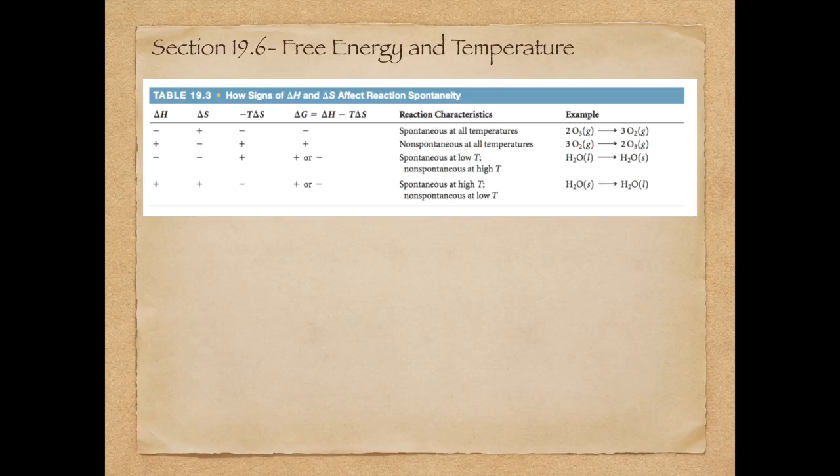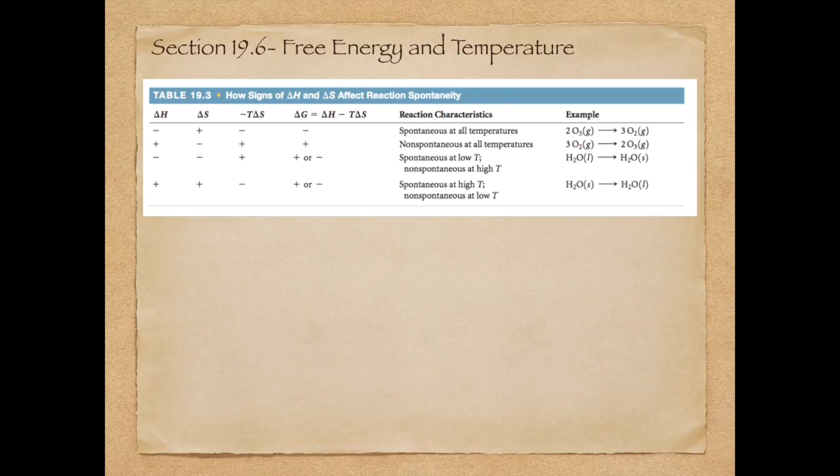Okay, so since delta H is negative and delta S is negative, the lower your temperature, the less of an impact your delta S will have on delta G. So as a result, if you have a low temperature, the negative value for delta H is going to dictate a negative delta G. Now, if your temperature is high, that means your entropy change is going to be dictating what sign your delta G is. And since it's going to be positive and larger than the negative value of your delta H, that means your reaction is going to be non-spontaneous.